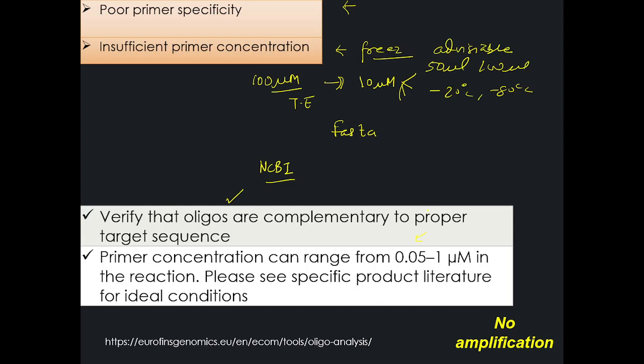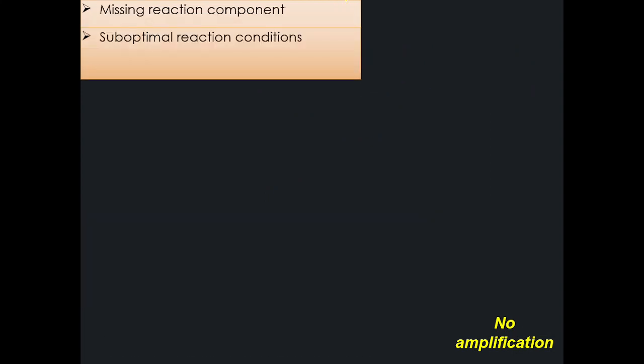The other possibility that can sometimes happen is that you forgot to add the missing components. The practice which I follow is this: suppose I have a buffer component, a primer component, a dNTP component, a water component, and an enzyme component.